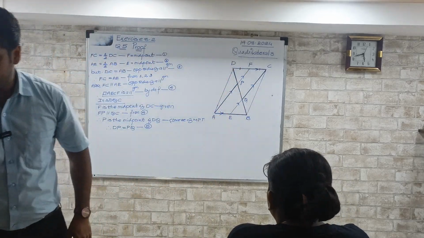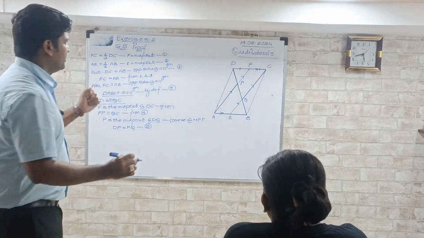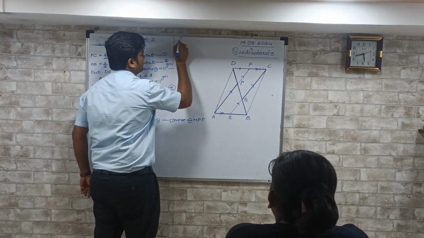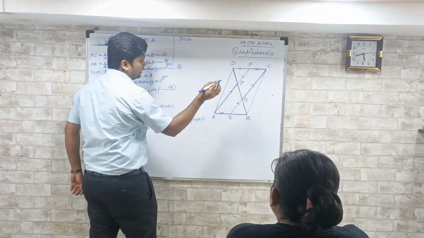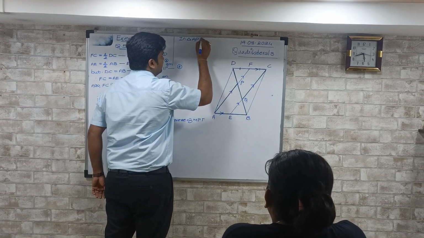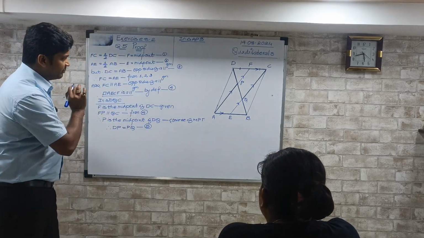Fine. Now tell me, name the triangle, bacha. In triangle APB. Very good. First tell me, who is the midpoint of whom?